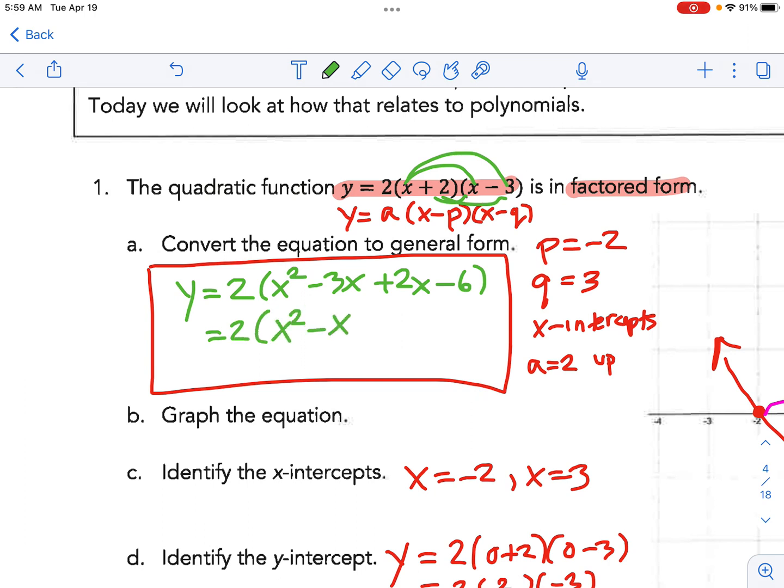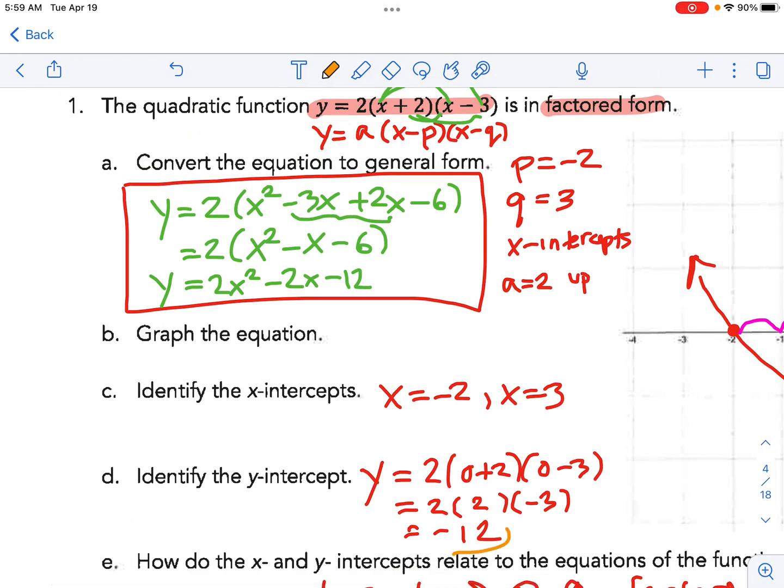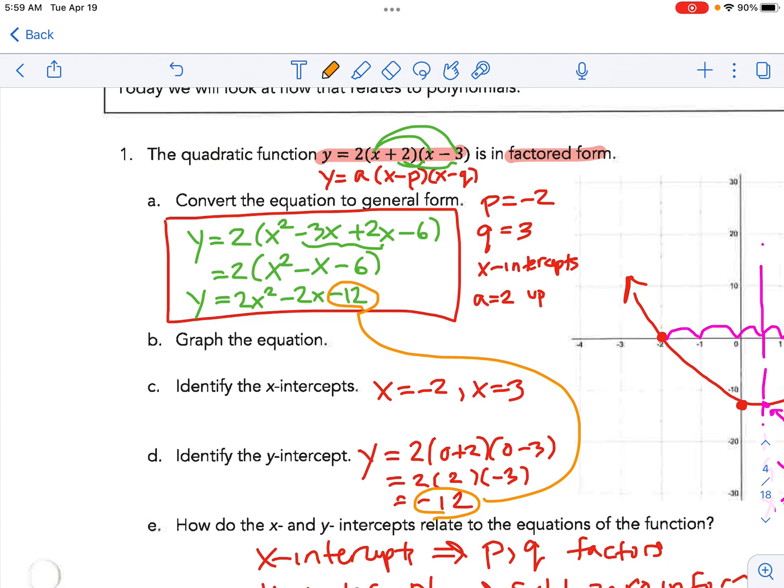So that's 2 times the quantity x squared minus x minus 6, because these are like terms. Distributing the 2, I get 2x squared minus 2x minus 12. We can see then that the y-intercept, negative 12, just ends up being that constant term. So that's kind of nice.